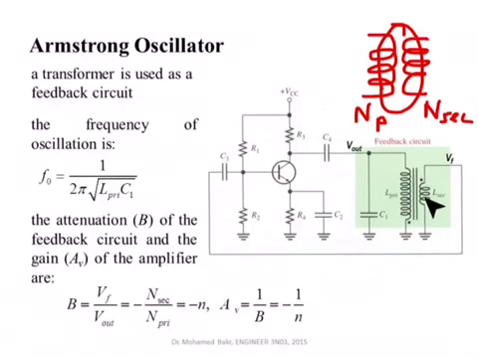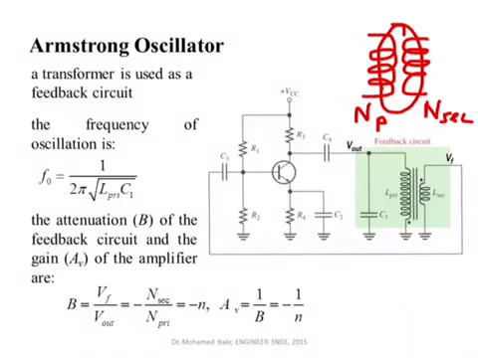We have a secondary coil, but notice also these two dots. These two dots are telling you that this is not only a step down transformer. You may have 10 volts here and get 1 volt here, the amplitude I mean, but you also get phase inversion. So the output from the secondary coil is out of phase with the primary coil.